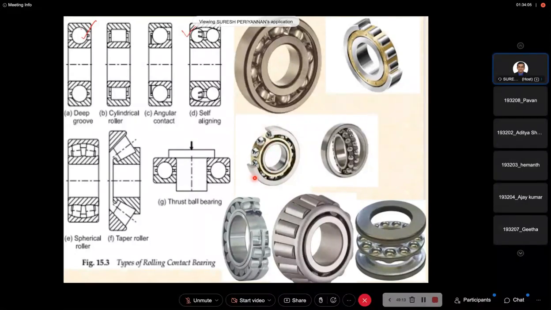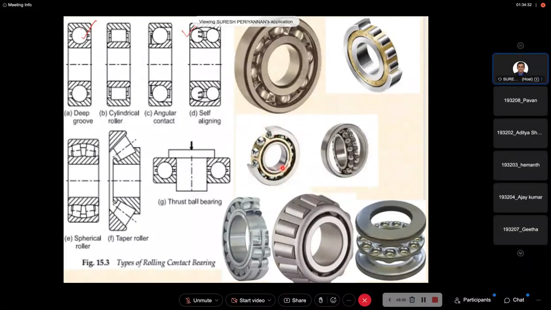Now, next is the self-aligning bearing. First, a few advantages of the angular contact bearing. It has load carrying capacity in both the axial and radial directions.